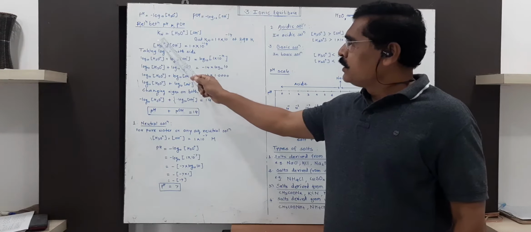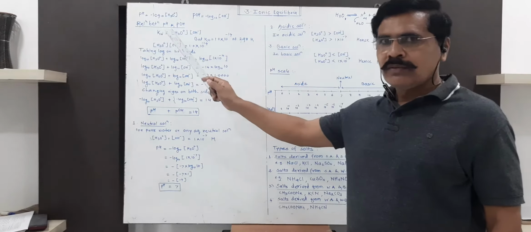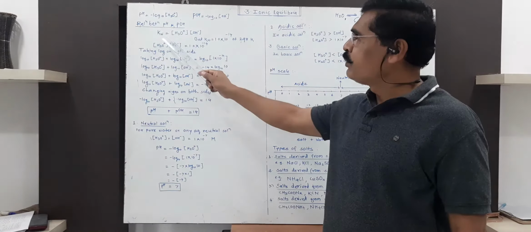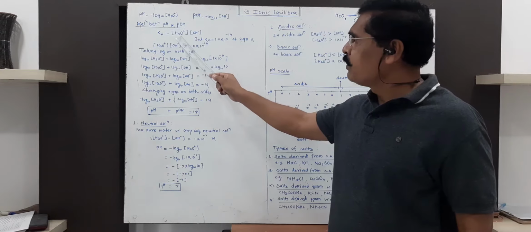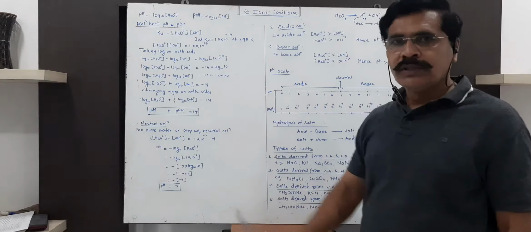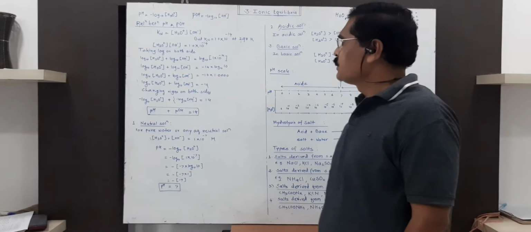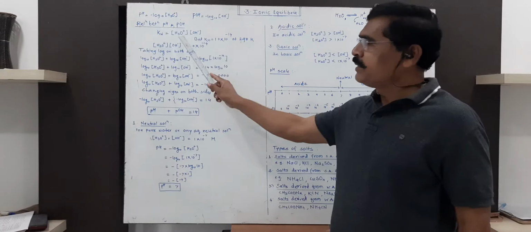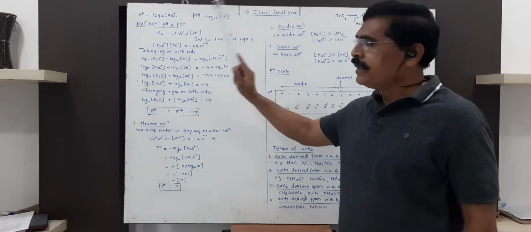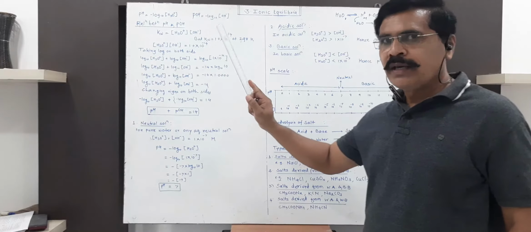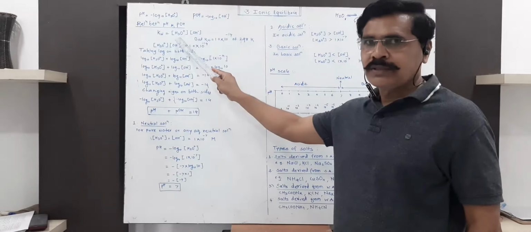We have seen Kw. We call it the ionic product of water. Its expression is given: concentration of H3O plus into concentration of OH minus ions. In this expression, H3O plus ions are nothing but H plus ions.